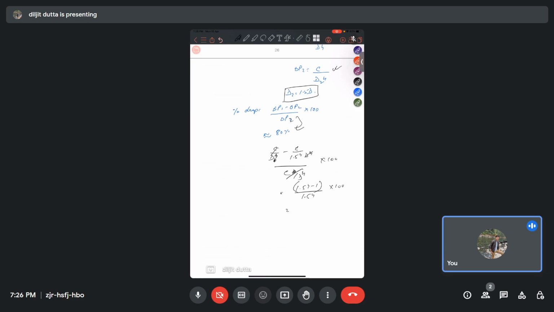So we will get around 5.06. So it is around 80%.